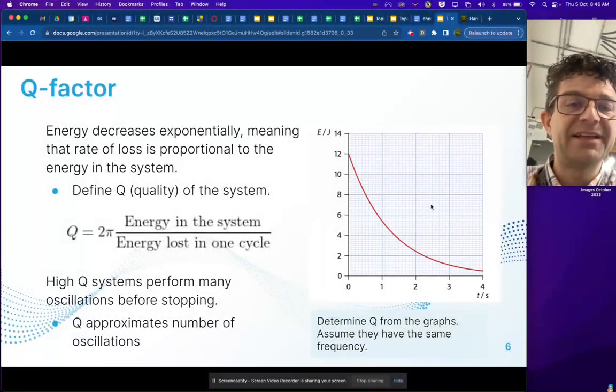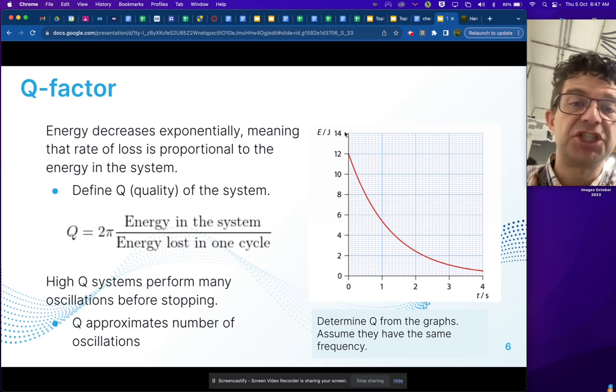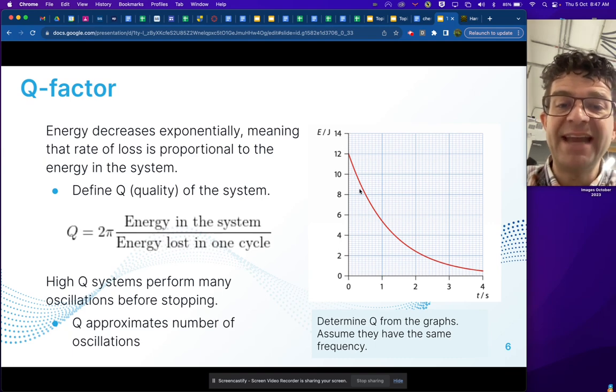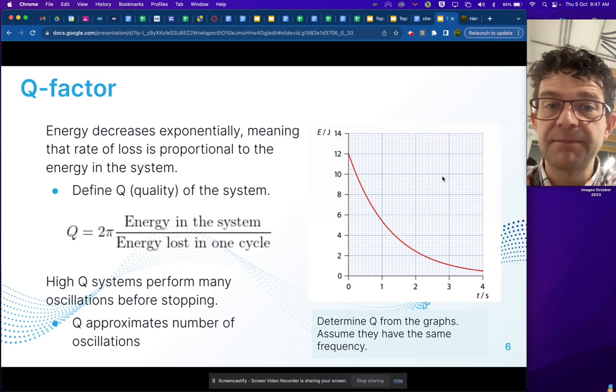When we look at the figure on graph 6 and are asked to do the same thing, here it's a lot easier to get some information because the energy is already shown on the vertical axis. The challenge is we don't have any sense of what the frequency is, so we don't know where one cycle is.